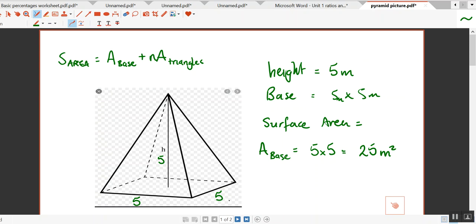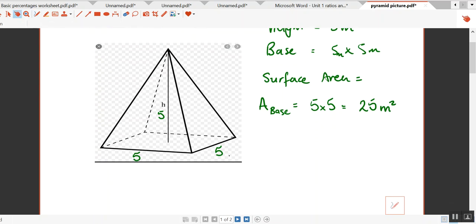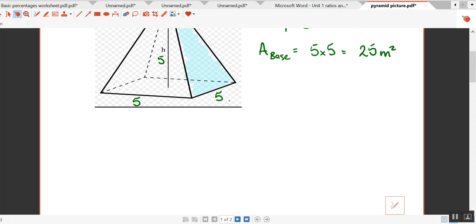Exactly. What we do now want to know is we've got to work out the area of the triangles, because imagine if we flatten this out, what's it going to look like? The whole shape. Yeah, star. So we've got the square in the middle, and then if we flatten it, it's going to have a triangle, another triangle, another triangle, and another triangle.